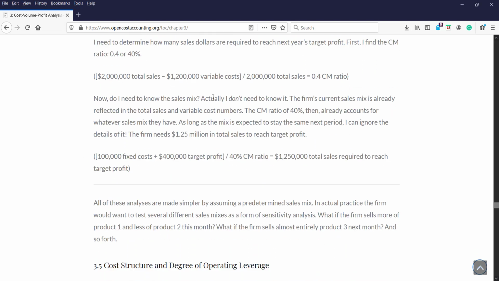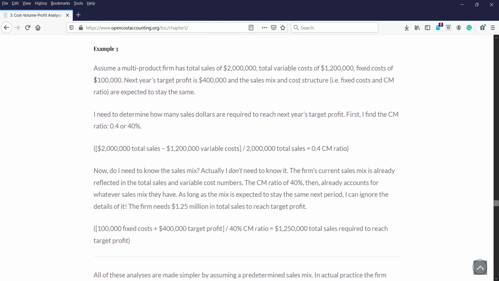Okay, now we don't need to know the sales mix. We know the CM ratio. When you have that sales mix that we had last year, that's going to stay the same this year, we assume, it is 40% or 0.4. And so to get our target profit of $400,000 after covering fixed cost of $100,000, we just divide the sum of those, 100,000 plus 400,000 equals 500,000, divided by 0.4, and we need total sales of 1.25 million to reach our target profit.